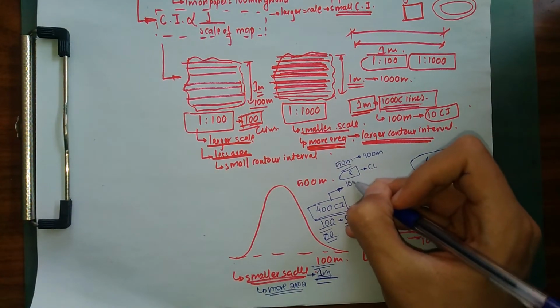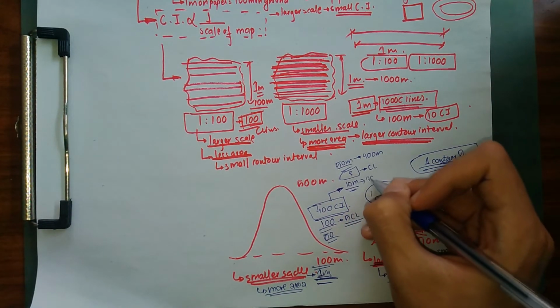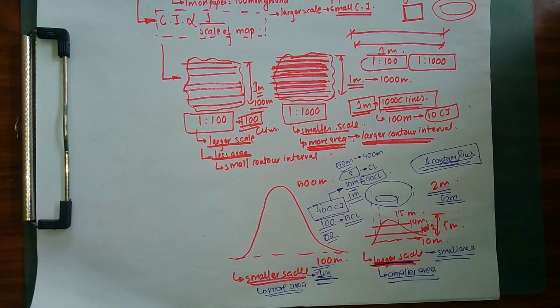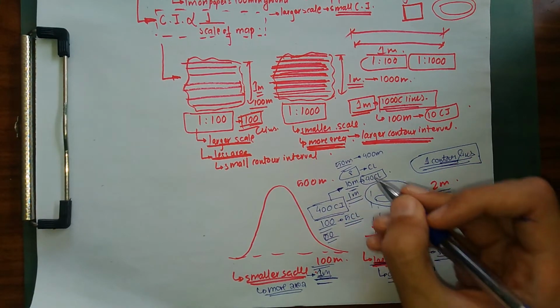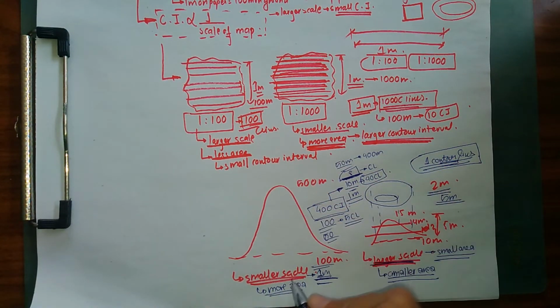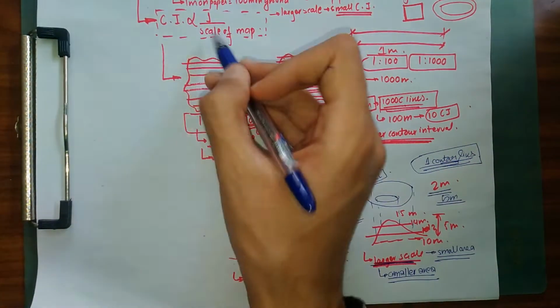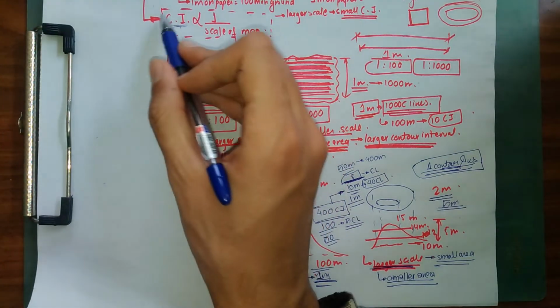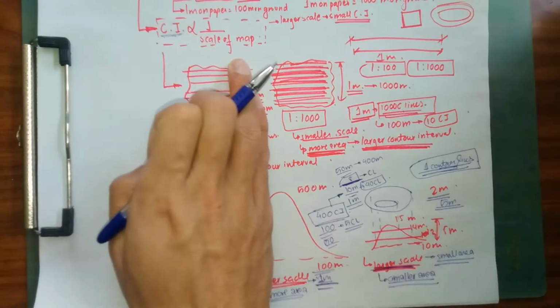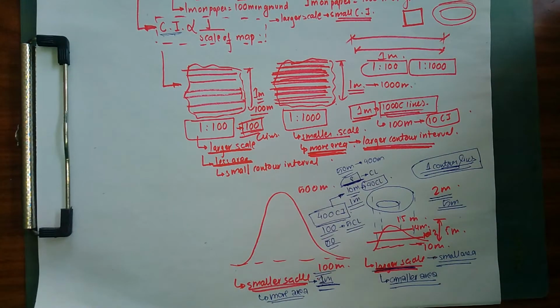Similarly if I choose a contour interval of 10 meter, I am going to get 40 contour lines, which is going to be better than choosing a contour interval of 1 meter. So in this way the scale of the map is inversely proportional to the contour interval.